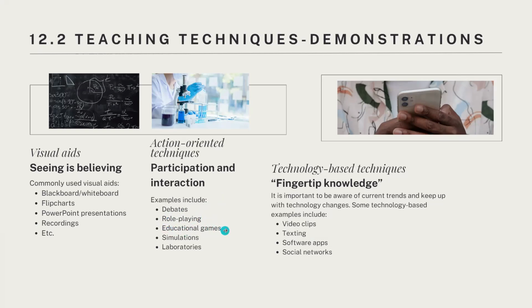Educational games: some of these can include Kahoot, if you've ever heard of that, an online platform to answer games. Also polls here on Zoom potentially could be another way you utilize that. Simulations: I saw a lot of this in the pandemic when people couldn't really go to classrooms. I had to take my microbiology class in a simulated lab. And laboratories, which could be in person or simulated.